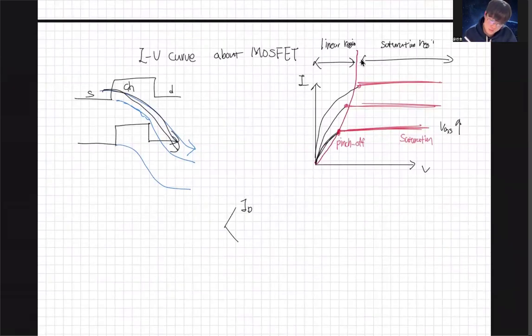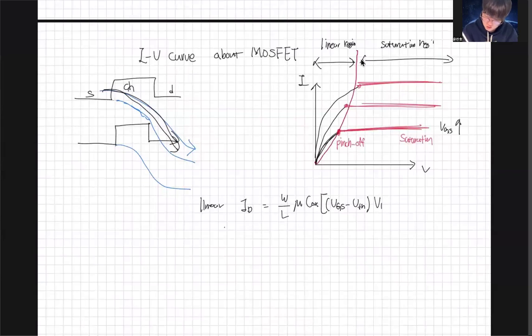There are two types. In the linear condition, it is W over L times mu Cox times VGS minus VT times VD minus VD square over 2.